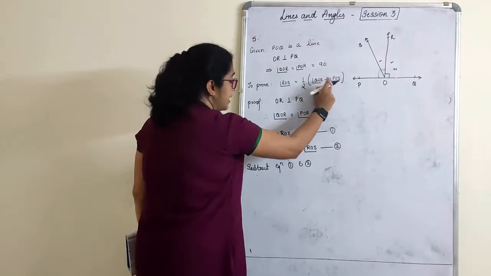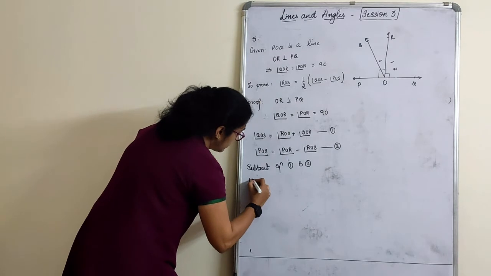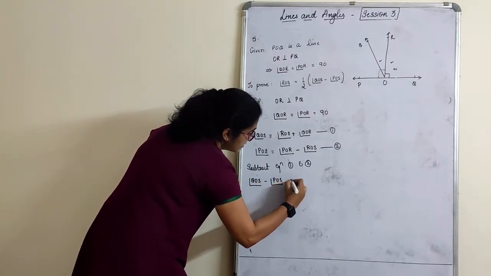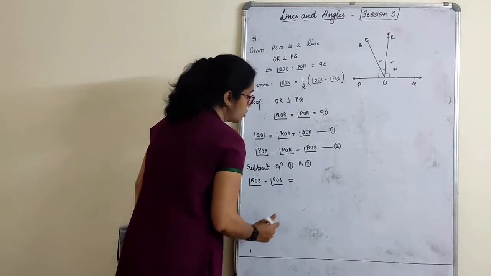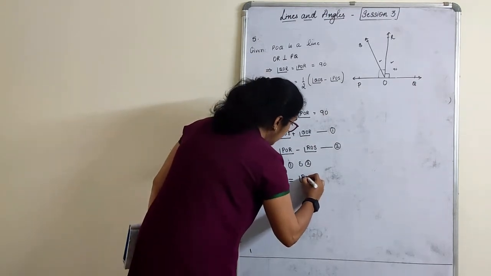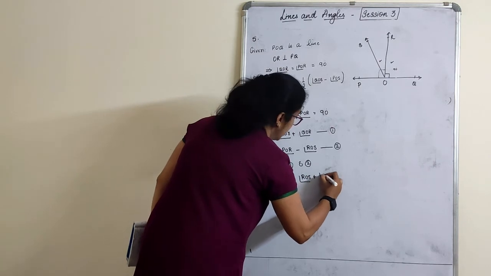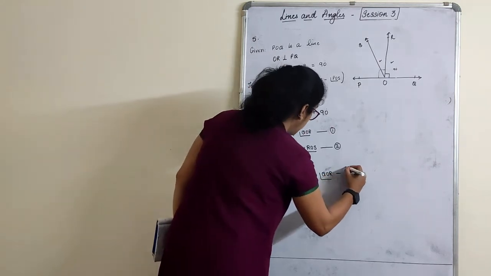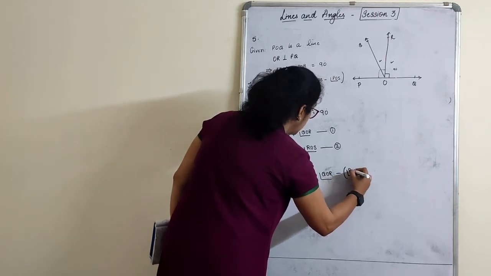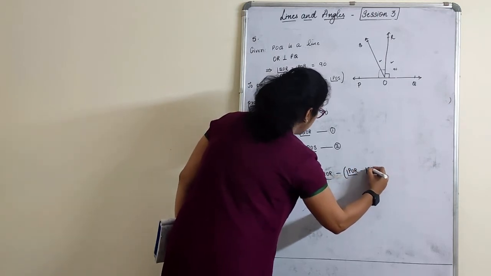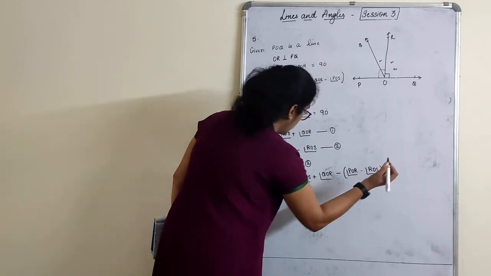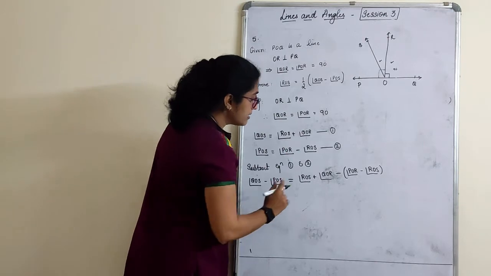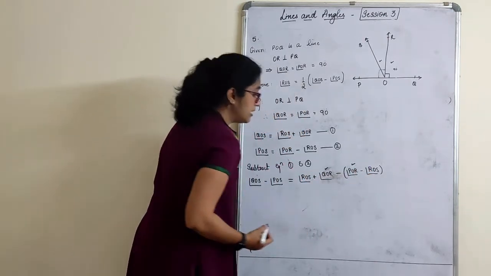First is QOS minus POS. So angle QOS minus angle POS is equal to angle ROS plus angle QOR minus, I'll use a bracket here, angle POR minus angle ROS. We know that QOR and POR are 90.